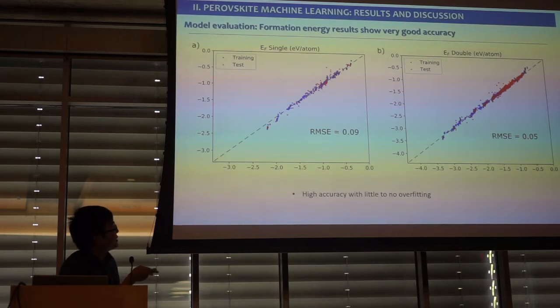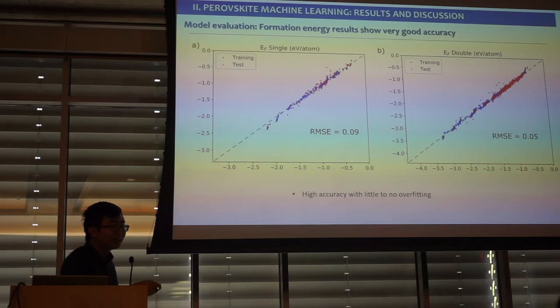In this case, most of the points lie along the dotted line, indicating a very good fit with our model. We also see the red points, the test data, plotted against the blue points, the training data. There's not too much difference in spread between the red and the blue points, so we can conclude that there's very little overfitting going on with our model.